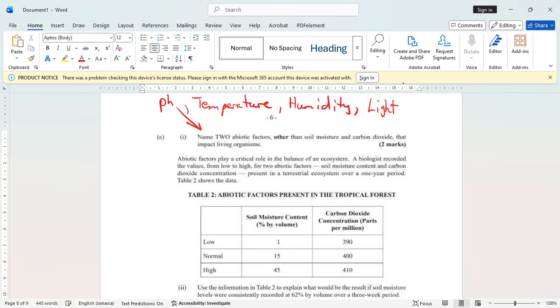One of the popular mistakes that I see students doing is giving back one of them that was listed in the question. So if we listed soil moisture and carbon dioxide, you cannot give back those as your response. Well, altitude will come tying in with temperature to some extent.